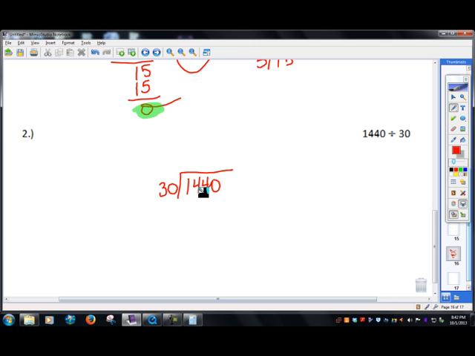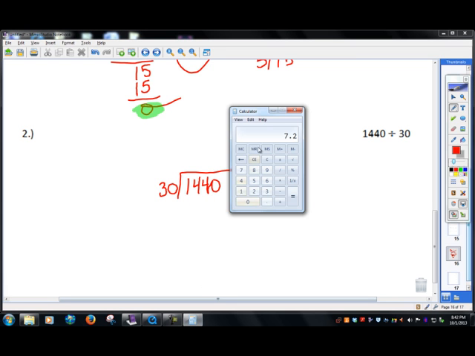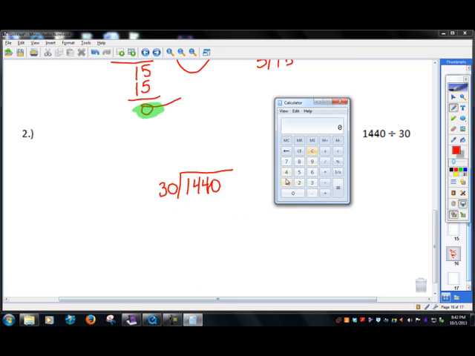Can 30 go into 14? Nope. Can 30 go into 144? Absolutely. So again, we can use our calculator here, and we can do 144 divided by 30. And we're going to get a decimal.